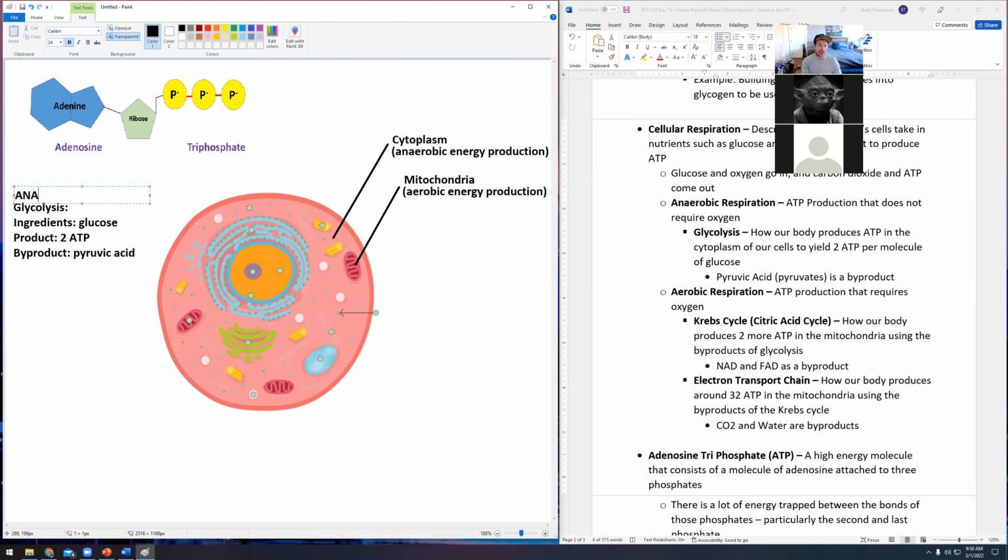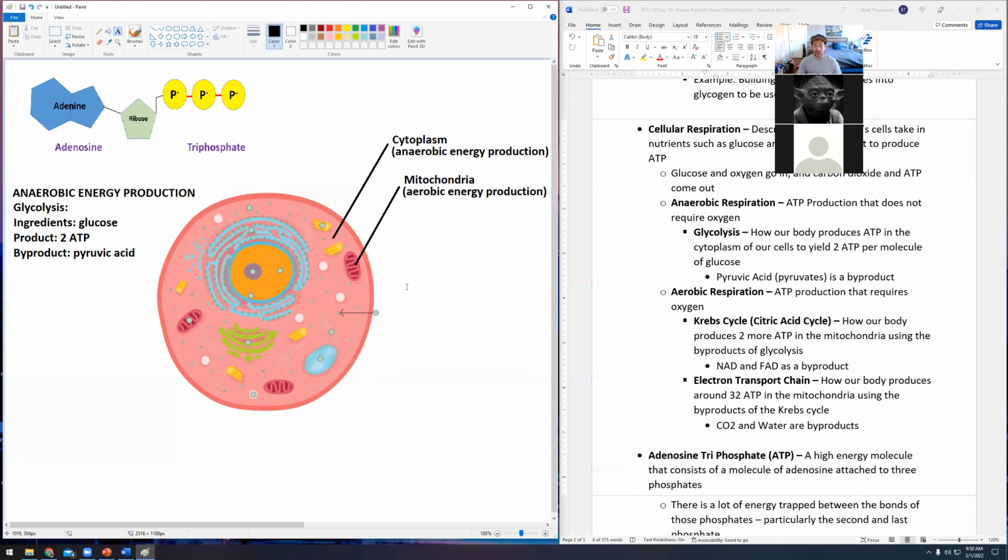So this is the anaerobic energy production. Anaerobic energy production is pretty simple. I mean, it's still gosh darn complex, but anaerobic energy production really only consists of glycolysis. That was it. The aerobic stuff happening in the mitochondria is pretty complex. I'm not going to go super in depth into this today because we do it much better in other classes.